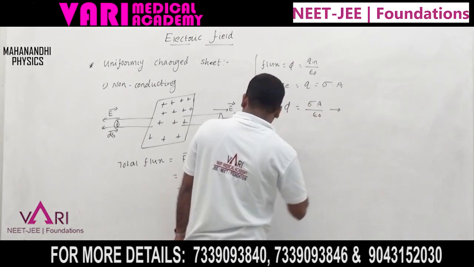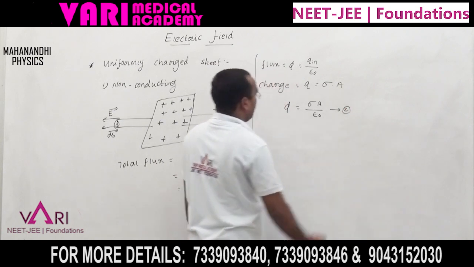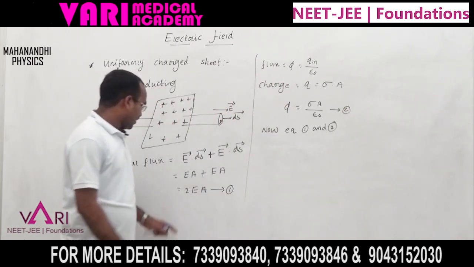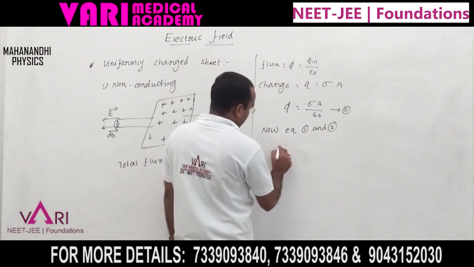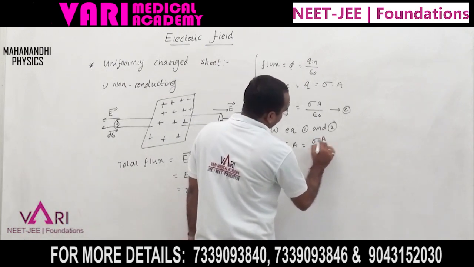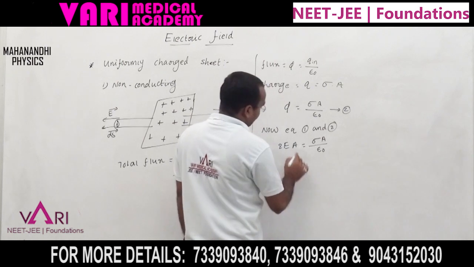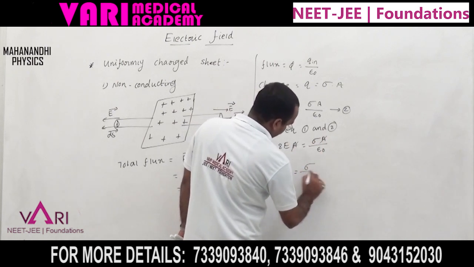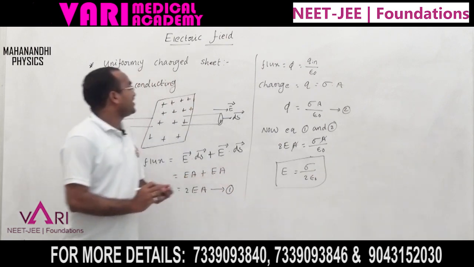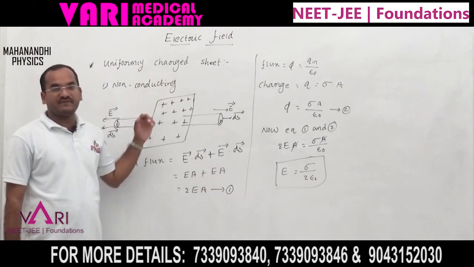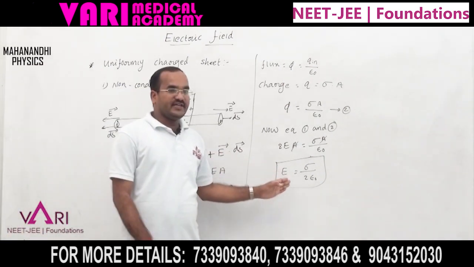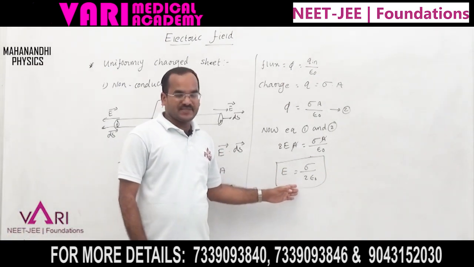This is equation 1 and equation 2. Now 2EA equals sigma A by epsilon naught. A cancels, so E equals sigma by 2 epsilon naught. For either side of a non-conducting sheet, the electric field is E equals sigma by 2 epsilon naught.